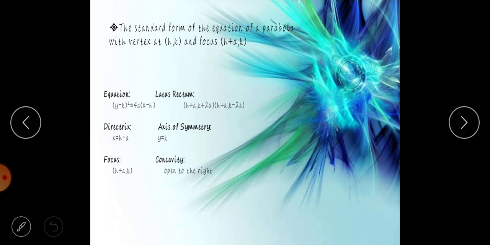Its axis of symmetry is y = k and its concavity is open to the right.